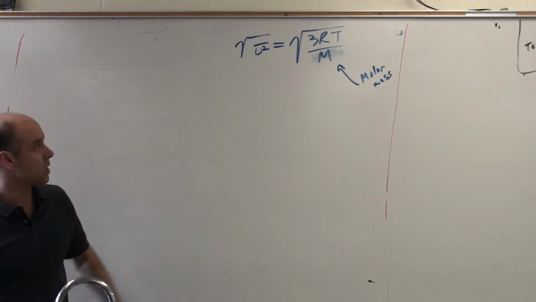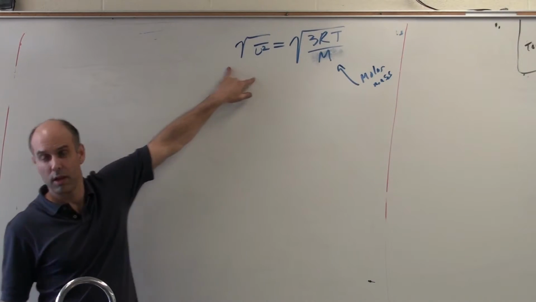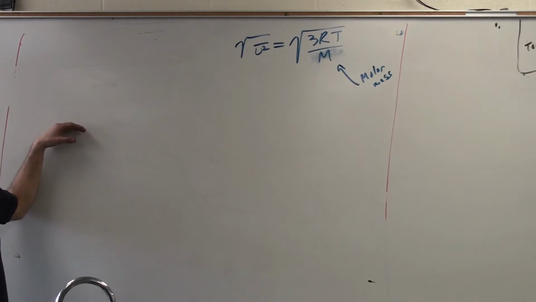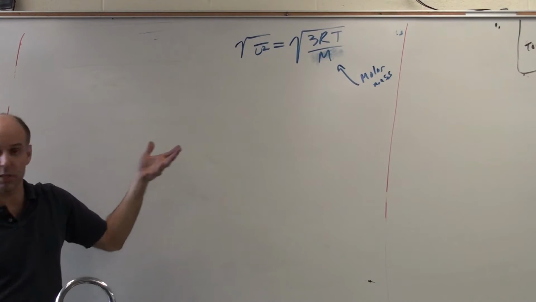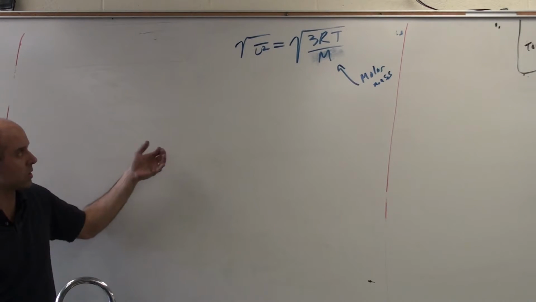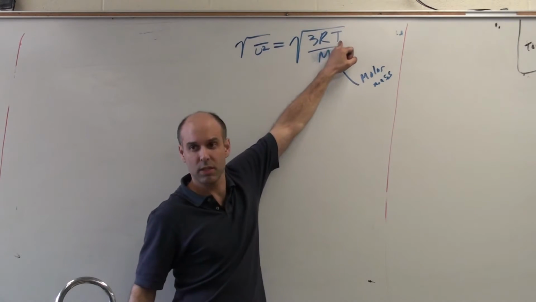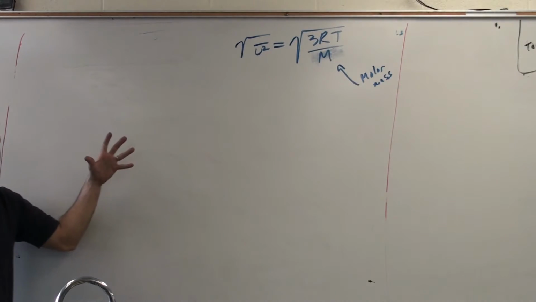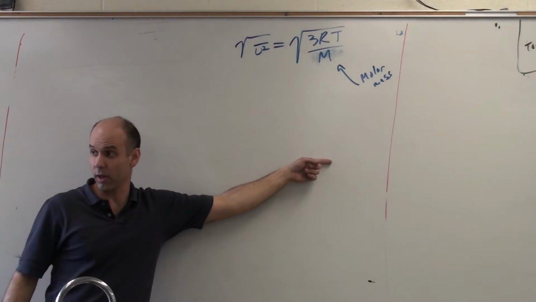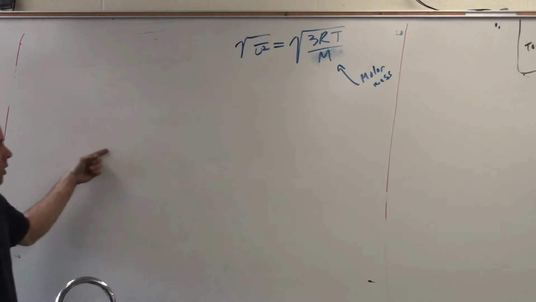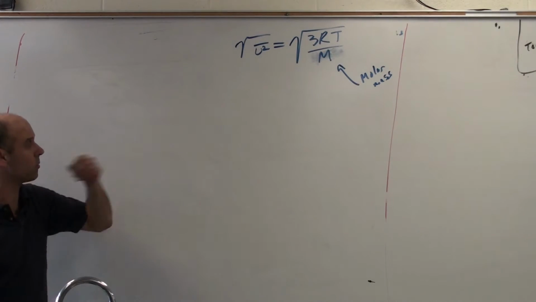So basically, you're saying the root mean squared, or how fast something is going to diffuse, is going to depend on its mass. How big is it? How heavy is it? And it's going to depend on its temperature. Because if it's got a big temperature, it's going to bounce around that tube and get to the other end a lot quicker. If it's got a low temperature, it's going to bounce around slower.